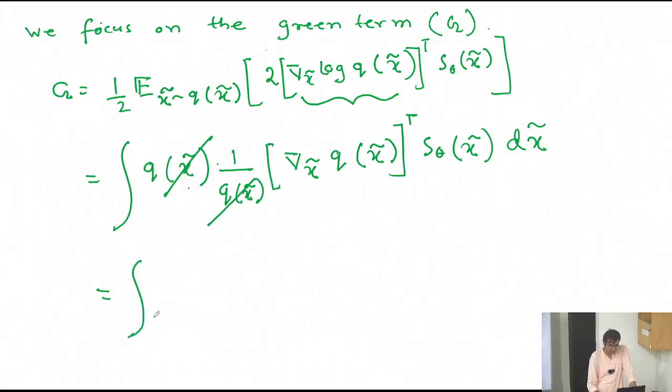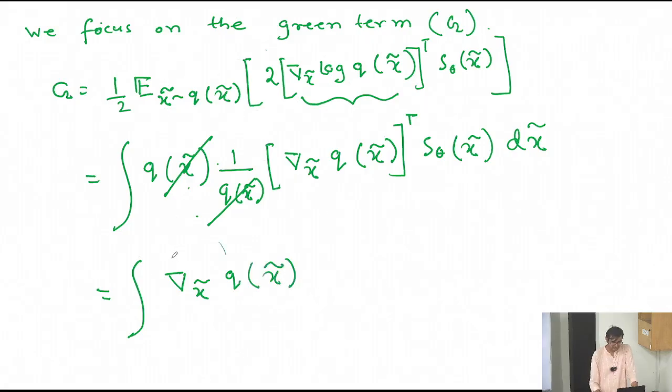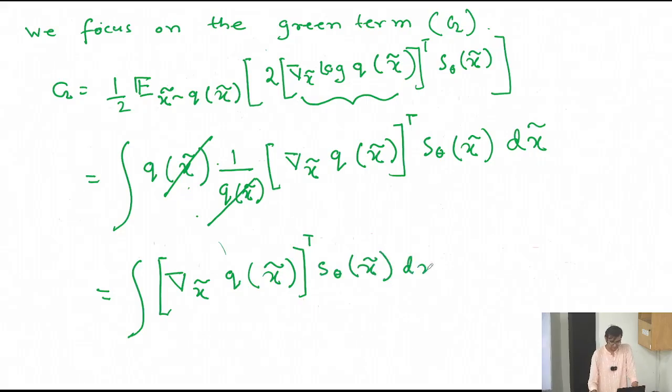What we have is gradient of x tilde q of x tilde, transpose s theta x tilde dx. Nothing new, and this is exactly what we did last time. Just the transpose is the new thing. Apart from that, there is nothing new, right?